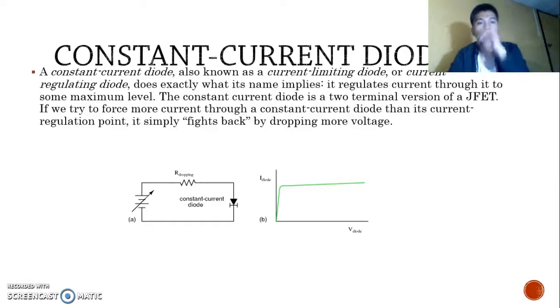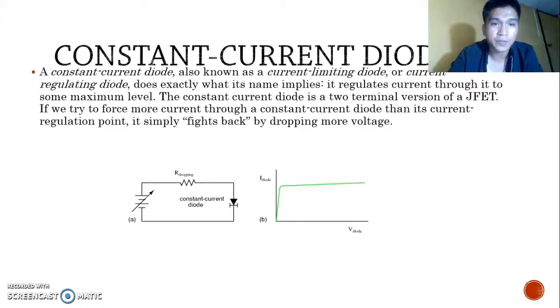So next is the constant current diode. A constant current diode, also known as a current limiting diode or current regulating diode, does exactly what its name implies. It regulates current through it to some maximum level. The constant current diode is a two-terminal version of a JFET.